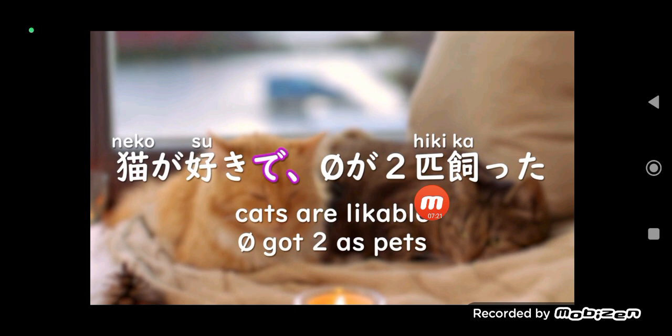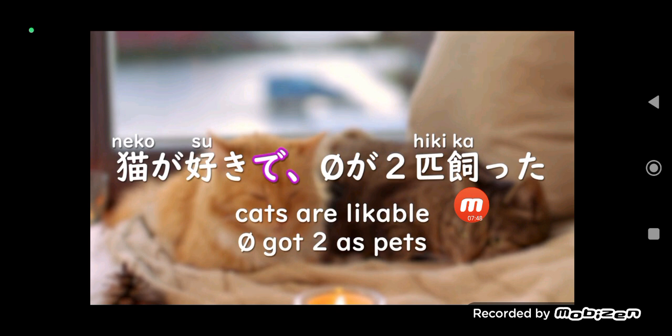This kanji here is a counter for animals, hiki. So nihiki, two animals. Katta here is the past tense of adopting, let's say a pet, adopting an animal. The dictionary form or base form is kau.